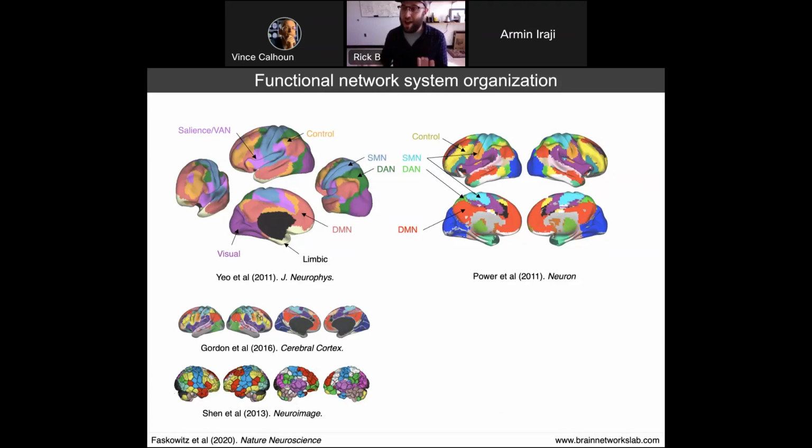All of these divide cortical territories into putative brain systems, and they all do it in a very specific way. Namely, they force the system labels to be non-overlapping. Surface vertices, a parcel, belong to one system and one system only. I'm going to argue that a lot of this is a methodological convenience. There's no reason why somebody couldn't apply a method that allows for a little bit of overlap, and it also disagrees with what we know about neuroscience.